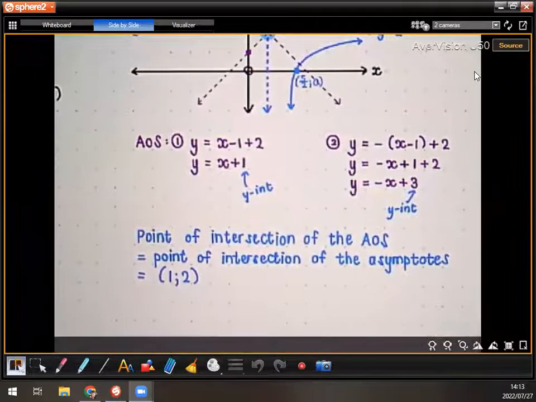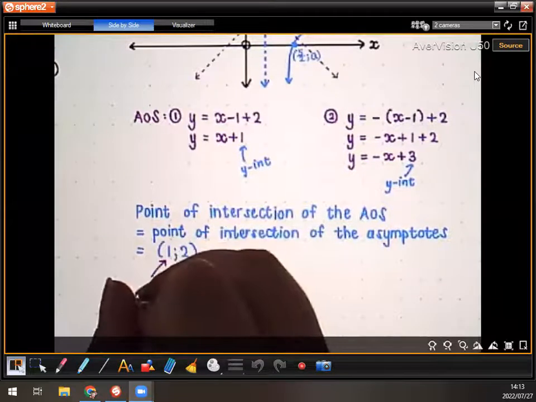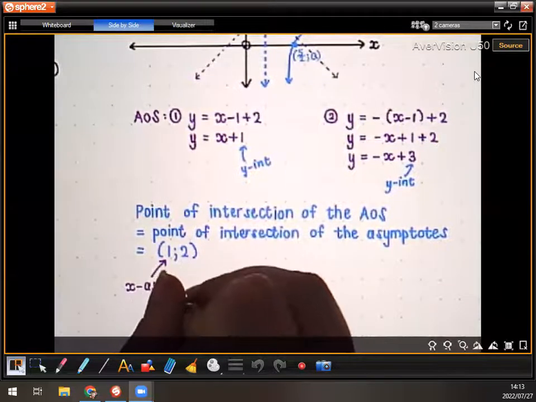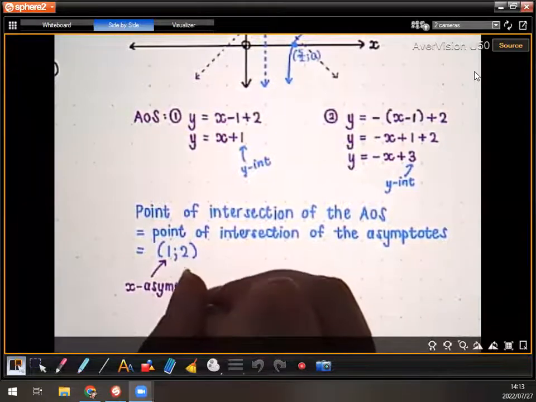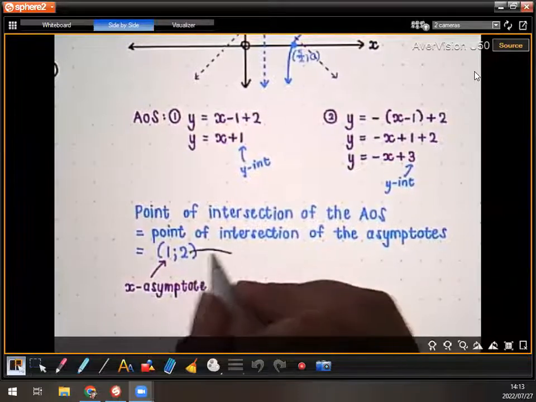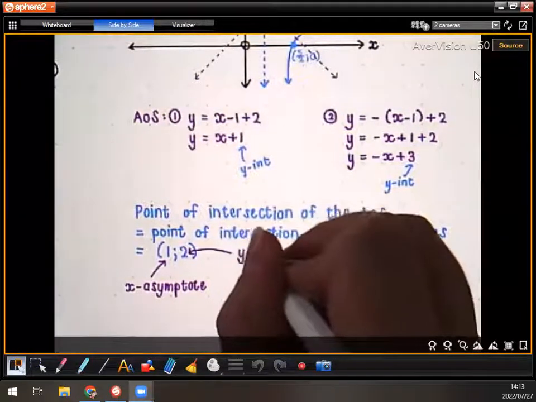And now I'm just going to write, 1 is coming from the x asymptote. So guys, whatever your x asymptote is, if it's x equals 1, x equals -1, x equals 5, that is going to be the x value of that point. All right? And then 2, the y value of the point, is the value of the y asymptote.